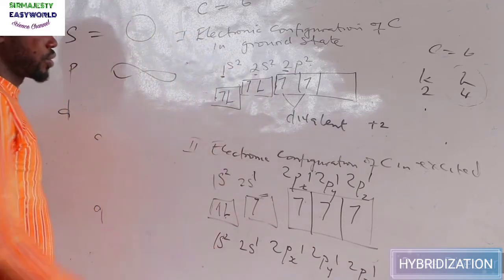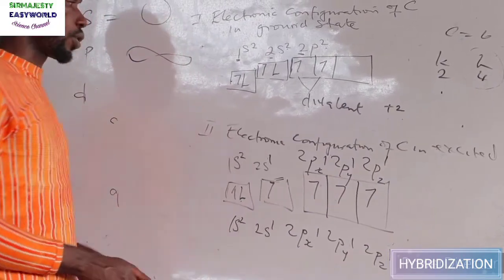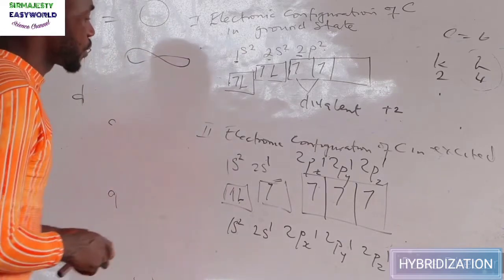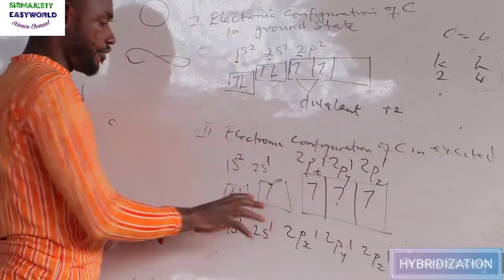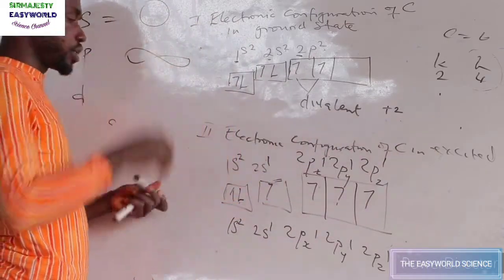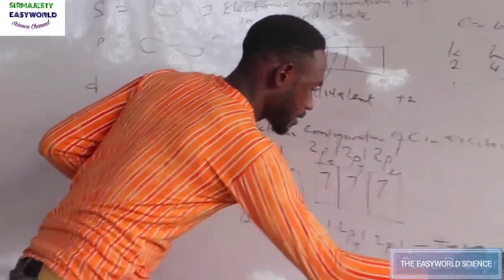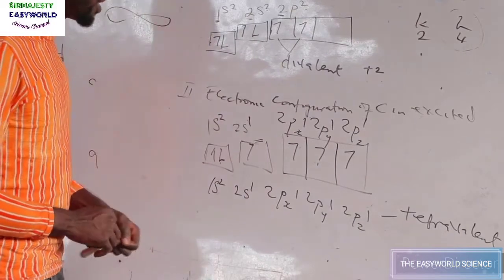So watch this. I told you earlier that the orbitals with unpaired electrons are the orbitals qualified for covalent bond formation. If you check the carbon atom now, there are 1, 2, 3, 4. These are 4 unpaired electrons, which means in this state, carbon is tetravalent. Tetra means 4. So in excited state, carbon is tetravalent.